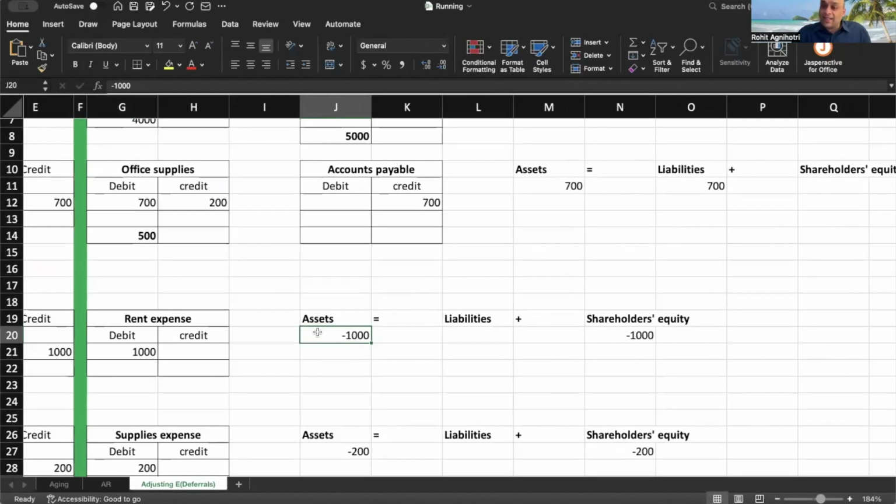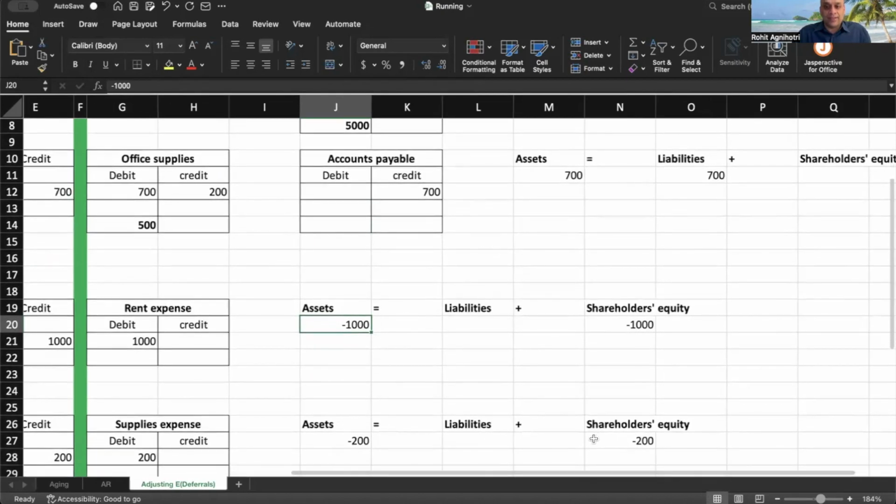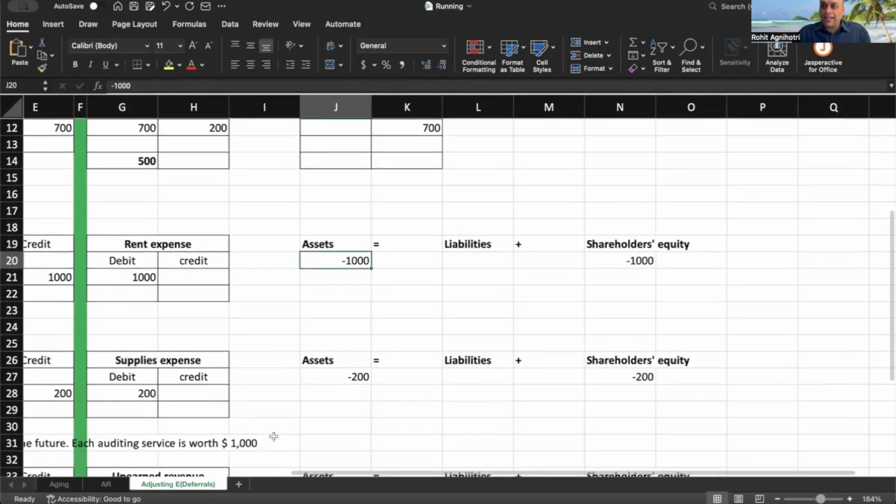So asset side minus 1,000, shareholders' equity side minus 1,000. So equation is balanced. In the next one, you had adjusted your supplies because you found out that in the course of the month, you used $200 of supplies. So your assets went down $200, obviously because from the supplies account.